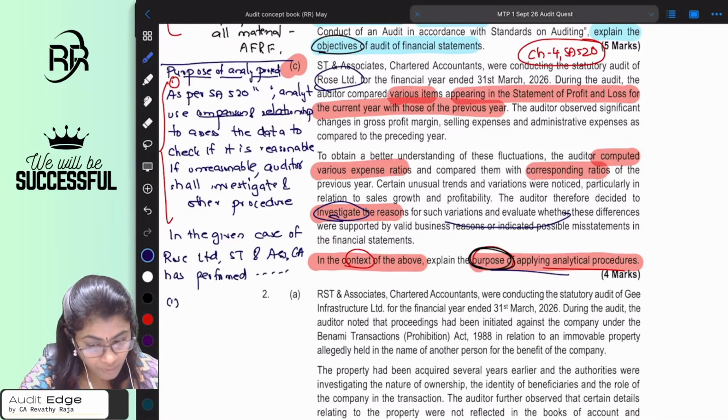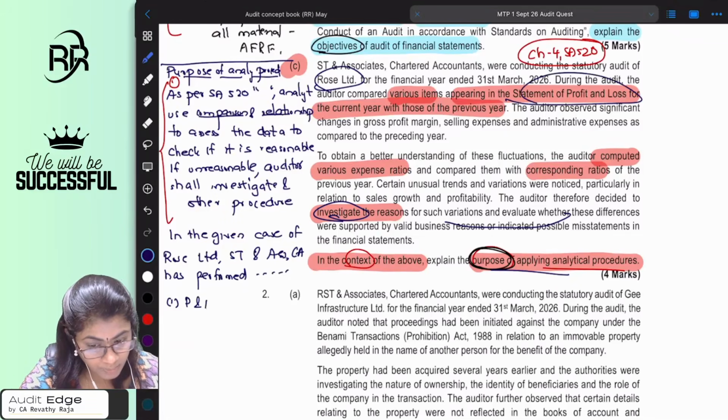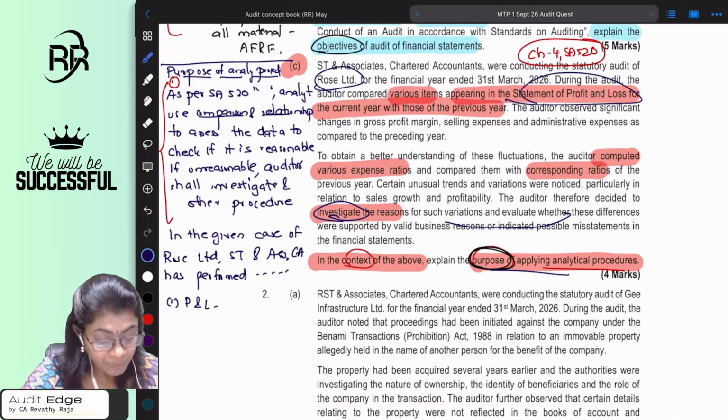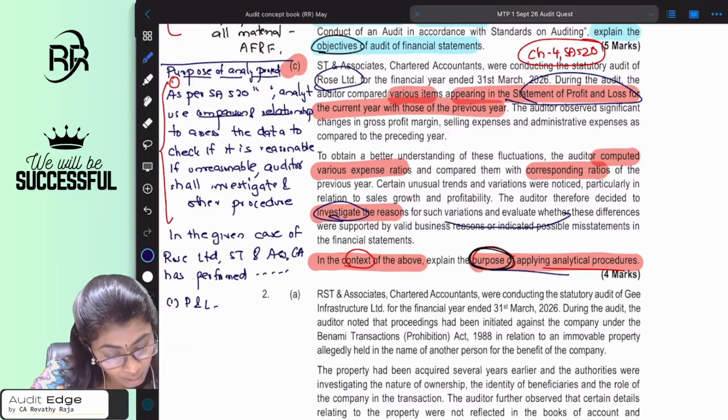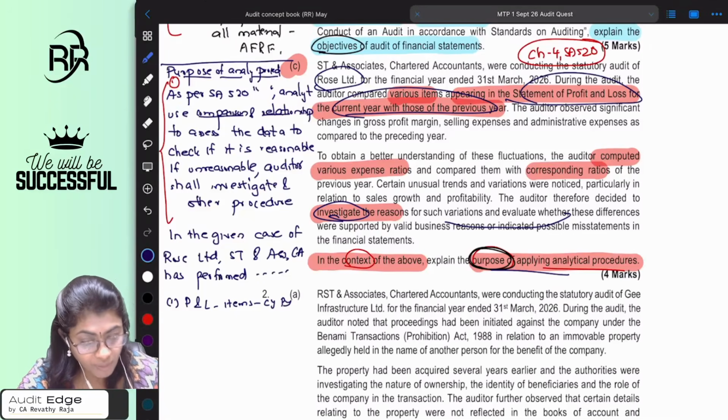First, what they performed regarding the P&L account. Why they performed? The purpose. They compared various items in the P&L account, current year with previous year. Why they performed it?